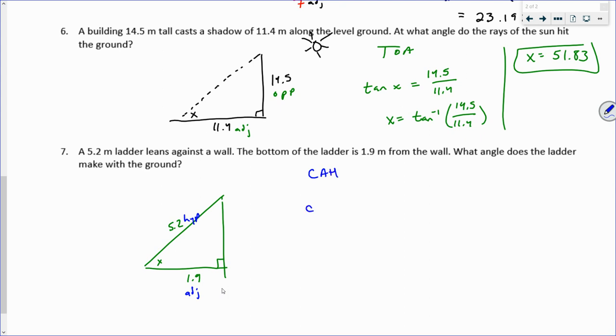So cosine of x equals adjacent over hypotenuse, which means I'm going to get this thing done, and end up being able to answer my question with something like 68.57 degrees.